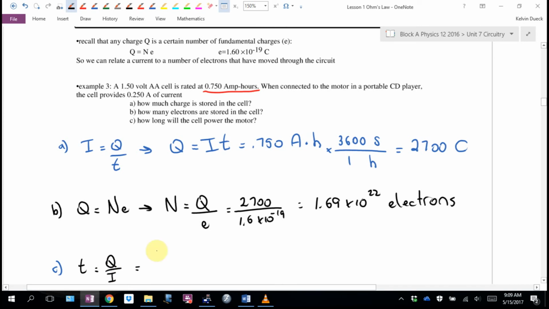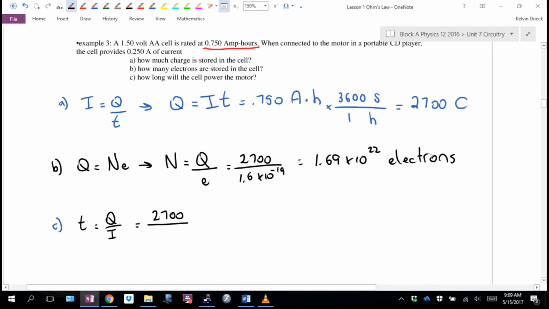How many coulombs of charge are stored in this battery? We said 2,700. Divided by how many amps does this particular device need? 0.25. What do you get?